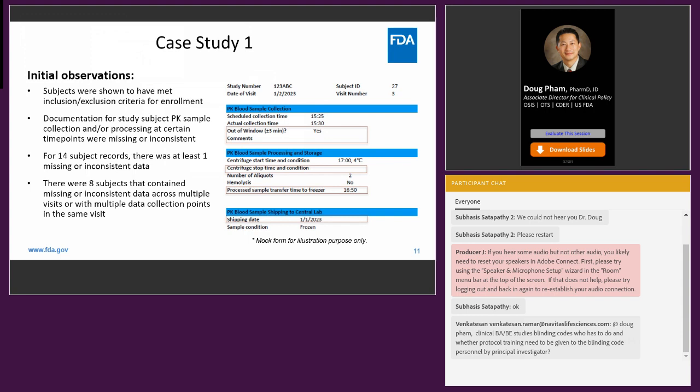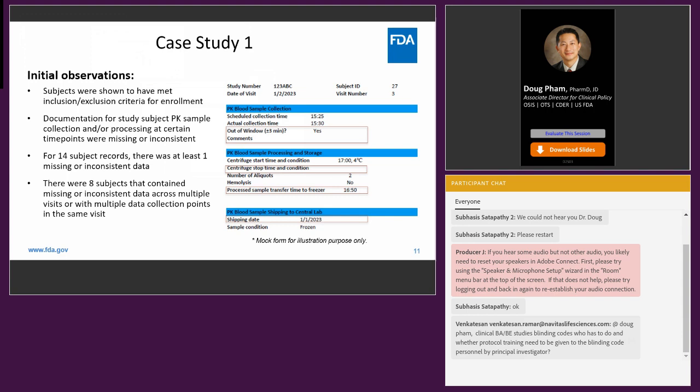Okay, now let's assume FDA showed up unannounced and made some initial observations, which include all subjects enrolled had documentation to show that they all met all eligibility requirements, so that's a win. The documentation for specific subjects, however, regarding PK collection and processing showed that some data were either missing or were inconsistent.